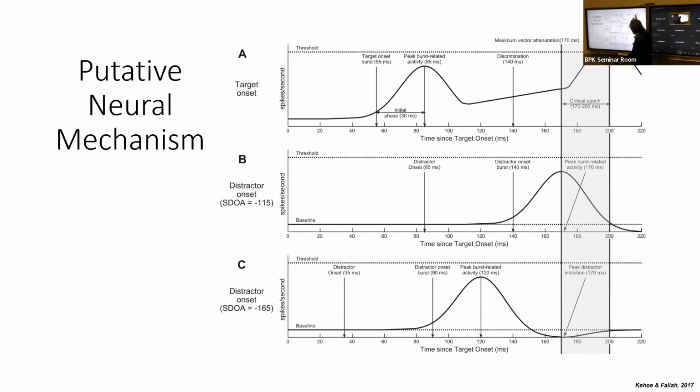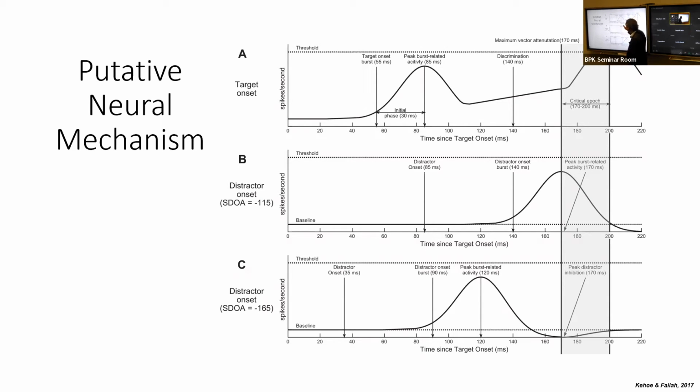When you make a saccade, the neuron that encodes that saccade has a critical epoch right before the saccade onset of about 30 milliseconds. If another motor plan feeds into this time period, that's when you get changes in the saccade trajectory metrics. So we've got our target alone, our critical epoch.